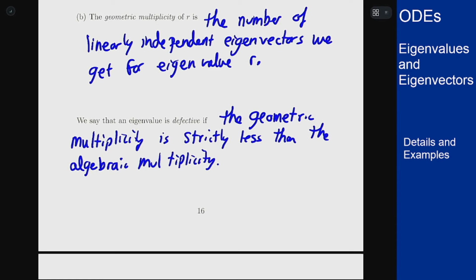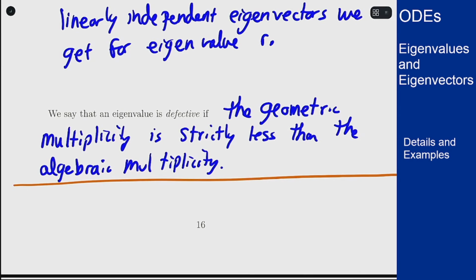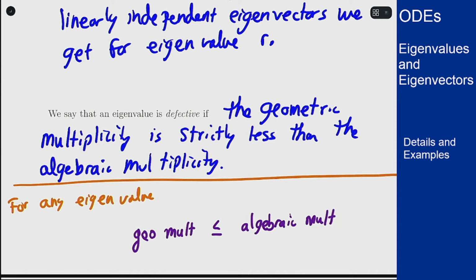So a theoretical result in this area says that for any eigenvalue, the geometric multiplicity is no bigger than the algebraic multiplicity. And for an eigenvalue, the geometric multiplicity is at least 1. This bottom bound is the fact that if I have an eigenvalue, it has to have at least one eigenvector. This is a property of how matrices work, which is why we didn't have any problem when we had distinct roots.